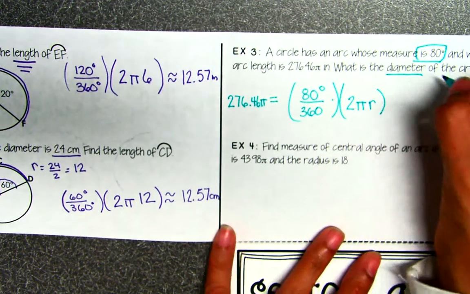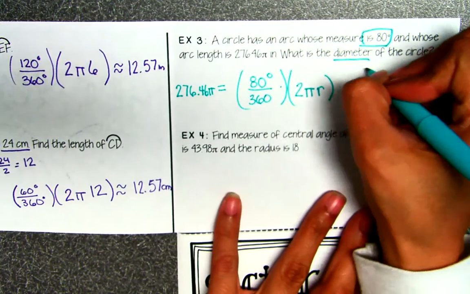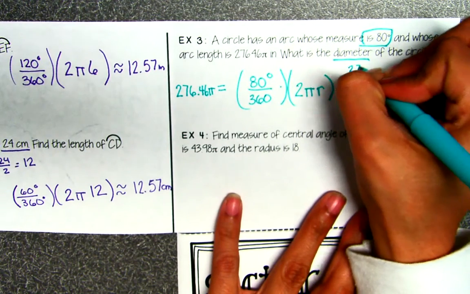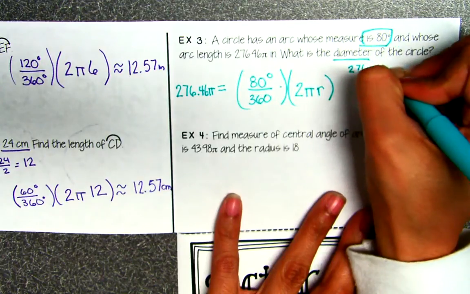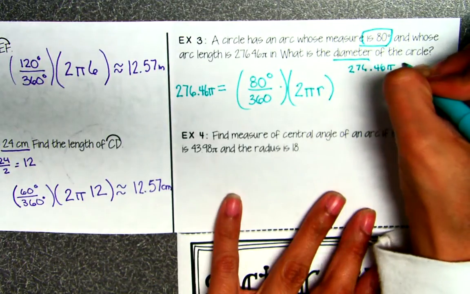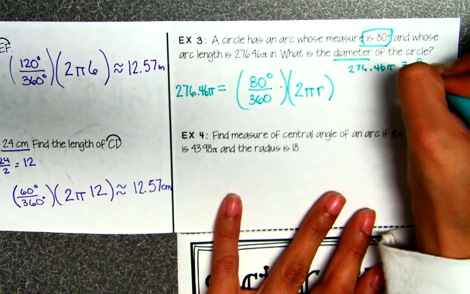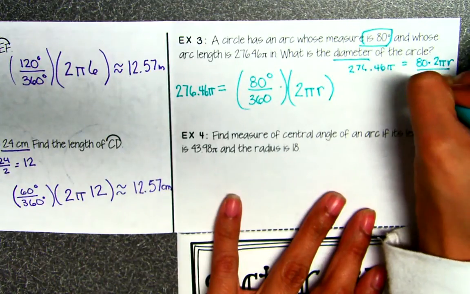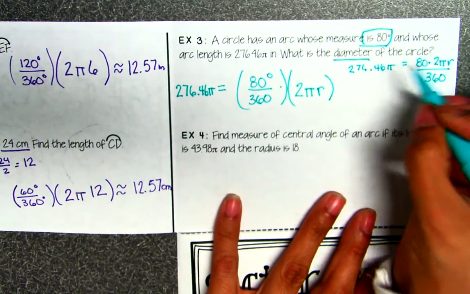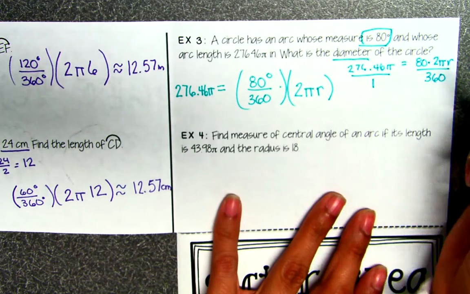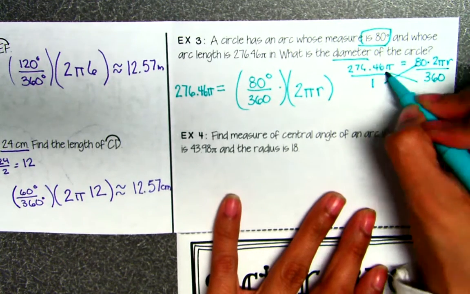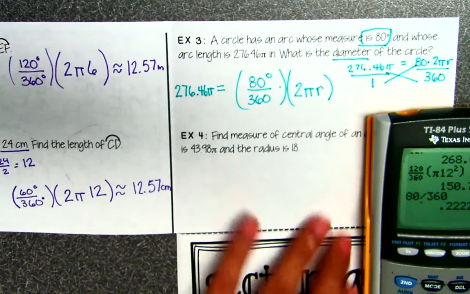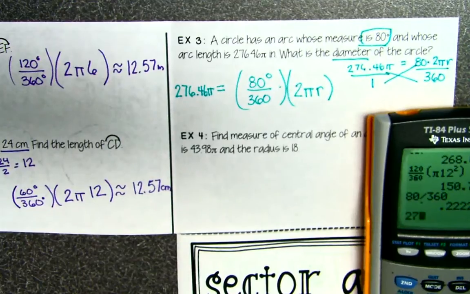I'm going to set it up differently, guys, just so that you can be extra confused. 80 times 2 pi r over 360, and I'm going to put this over 1 and cross multiply. Do you see the pi? I'm not going to actually type it in.